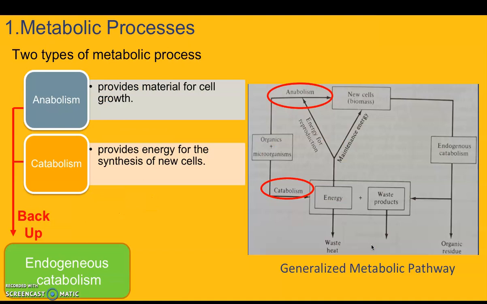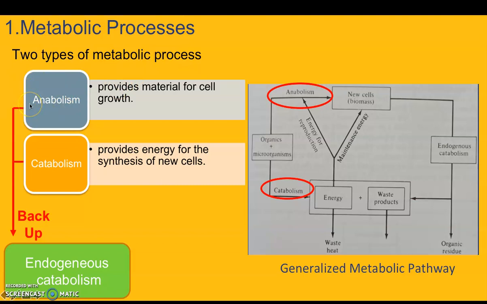Before we proceed with metabolic processes, we have to know what metabolism is. Metabolism is the sum total of the processes by which living organisms assimilate and use food for subsistence, growth and reproduction. There are two types of processes involved in metabolism.